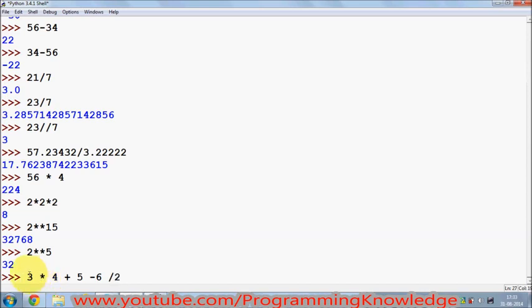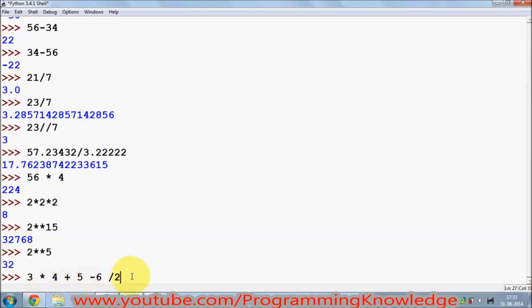So what will be the order? Will 3 into 4 happen first, or 4 plus 5 happen first, or 5 minus 6 happen first? What will be the priority?